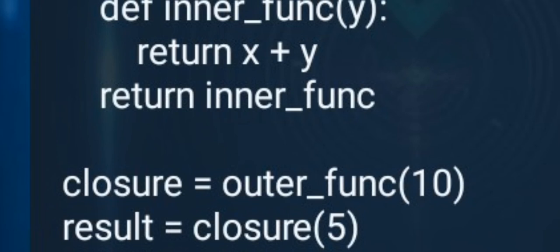I have said that the inner function returns the summation of the argument passed to the outer function and the argument passed to the inner function. The argument passed to the outer function is 10. The argument passed to the inner function is 5.